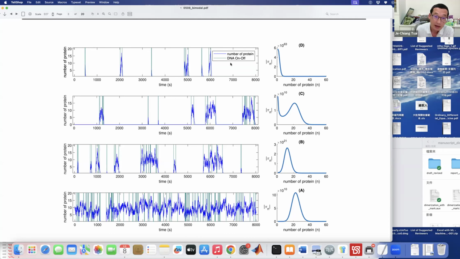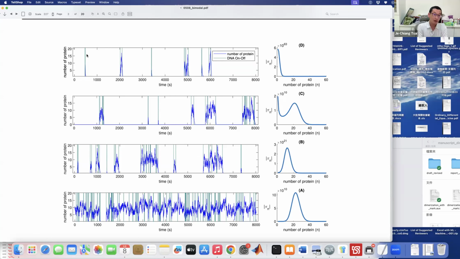You may observe in this case of type D, the green line shows the gene activity, and the blue line shows the path of the protein number.